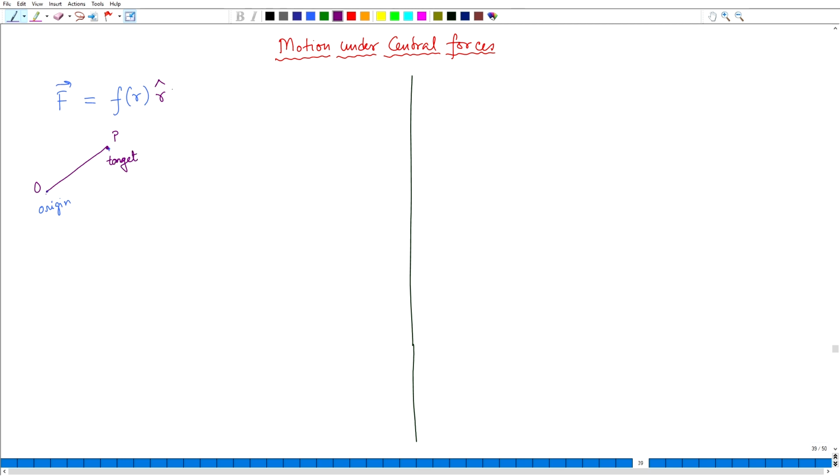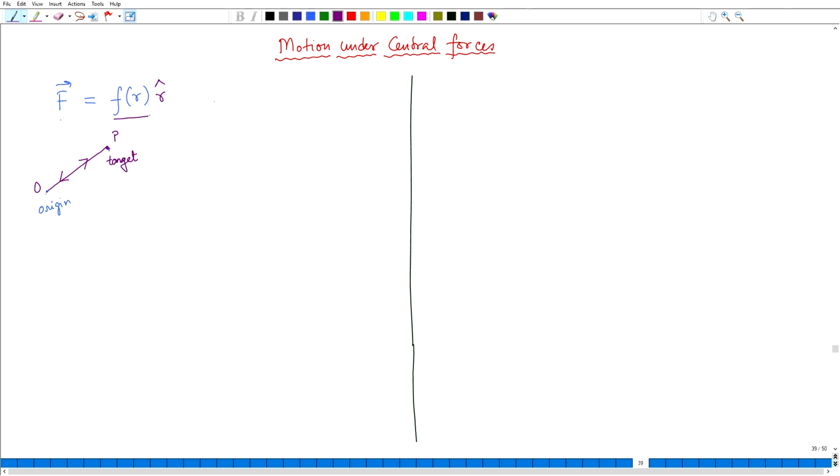This F r can be positive or negative according as this force is acting in this direction or in this direction. If F r is negative, that means that F is acting towards the negative r cap direction.